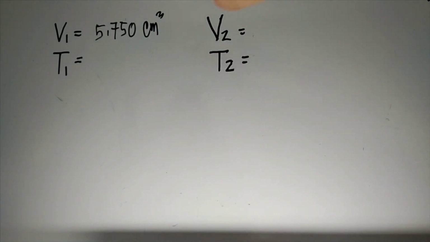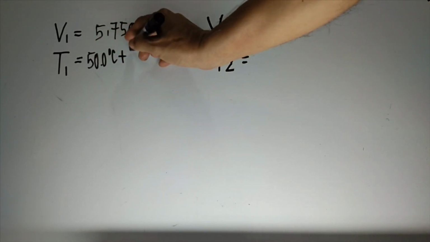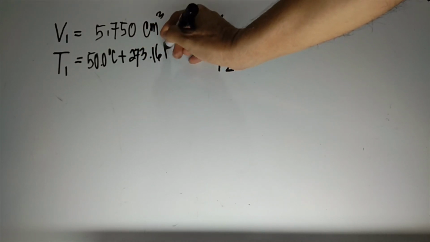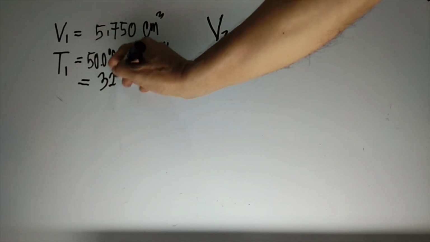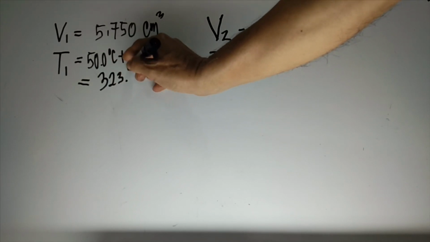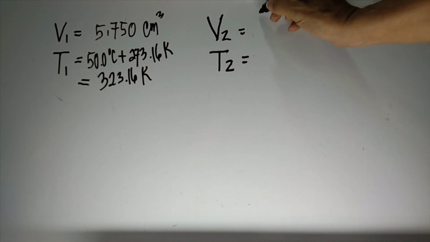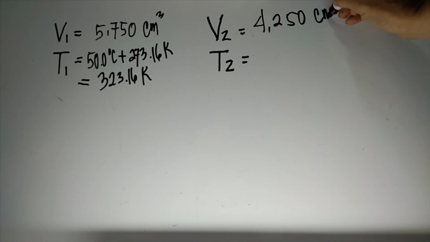And its temperature is 50.0 degrees Celsius plus 273.16. So this will become 323.16 Kelvin. For condition 2, the volume is 4,250 cubic centimeter. The temperature is unknown.